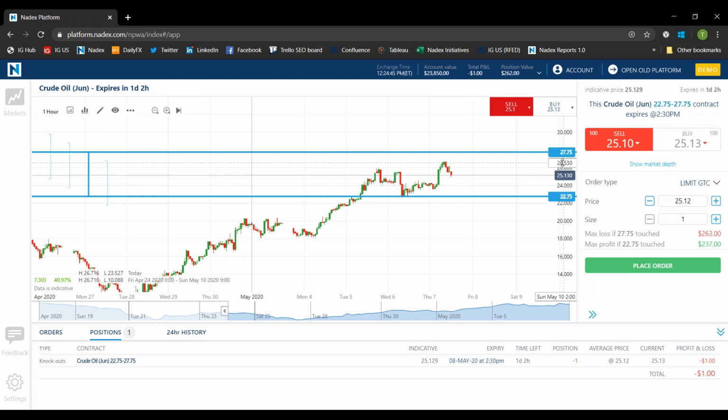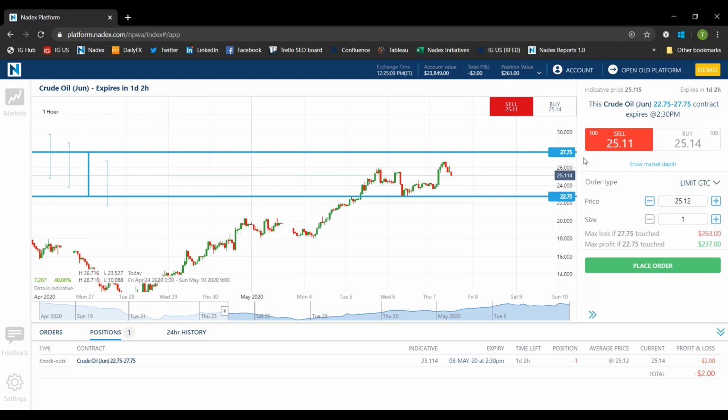Now, if it settles and it never touches in the next 1 day and 2 hours, and you also notice it's up here on the chart in 1 day and 2 hours when it settles. If it hasn't touched either one of these levels and it's someplace in between, if it's above 25.12, the place that I sold it, I'll lose money, but I know I can't lose any more than the 263.